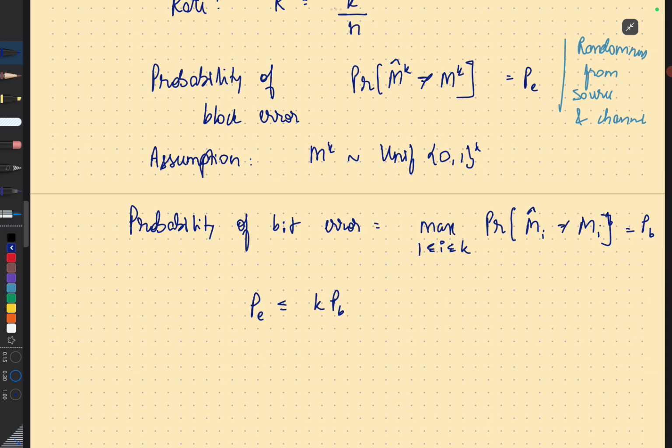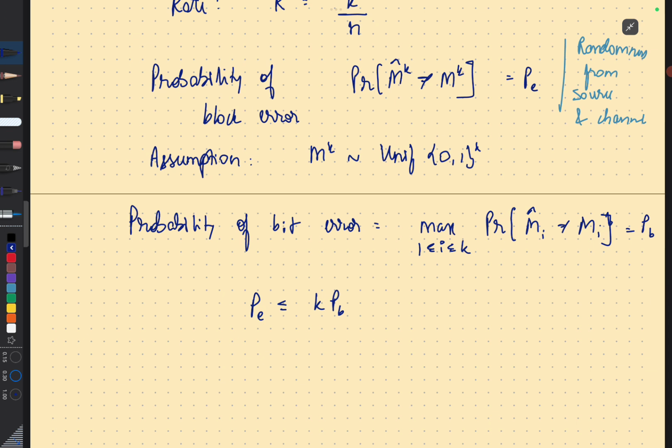But remember, PE is the probability of block error, right? The whole block. So if there is no block error, it means that all of the bits are recovered exactly. Probability of bit error means maybe the ith bit is in error. It basically comes from the union bound.